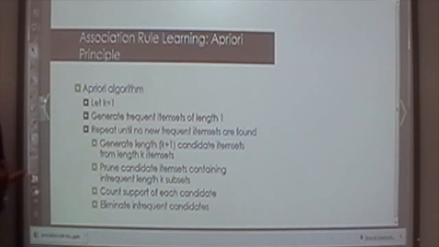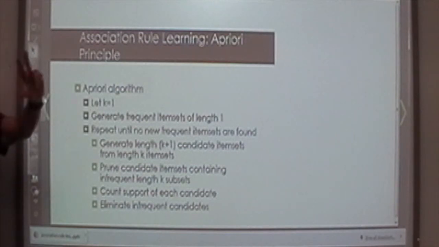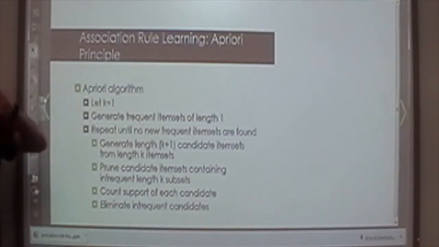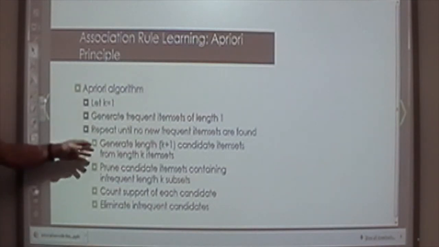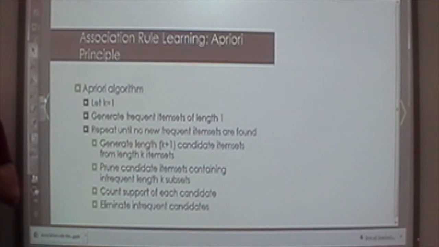But say k is 100, let's still keep things relatively small. How can you generate your item sets that contain all of these subsets of size 100? You want to look at supersets of size 101.